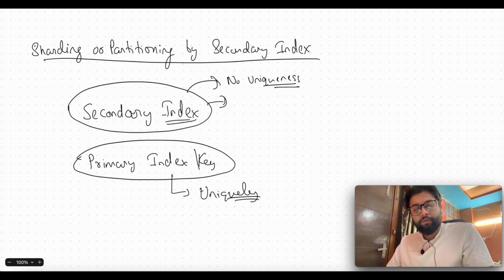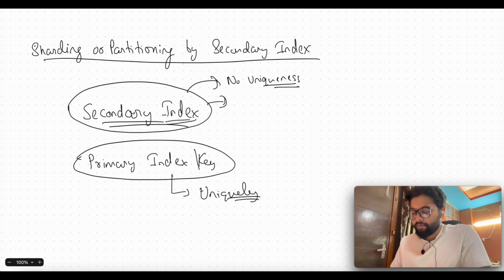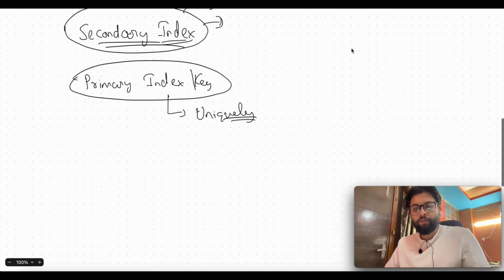What we'll do is shard the database, or the data items, with the help of these secondary indexes or secondary keys. We are looking at two ways in which we will try to shard this.